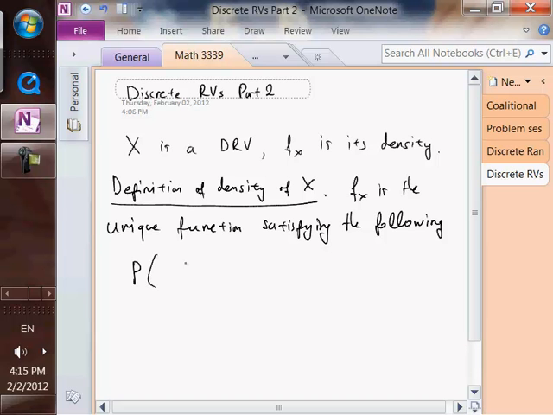The probability that X takes values between a and b is equal to the sum of the values of the density function when x is between those values.